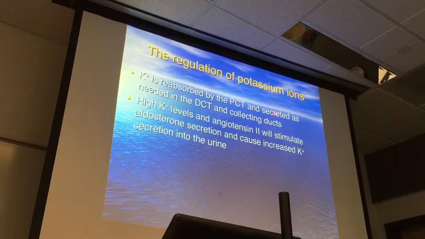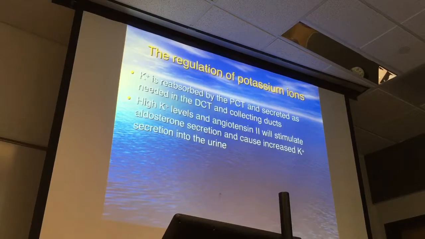This secretion is aldosterone stimulated. Now, normally aldosterone is secreted when blood pressure is low, but there is another stimulation for aldosterone, and that's high potassium levels.